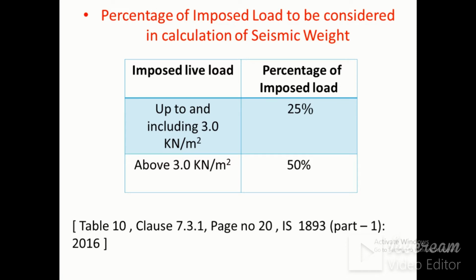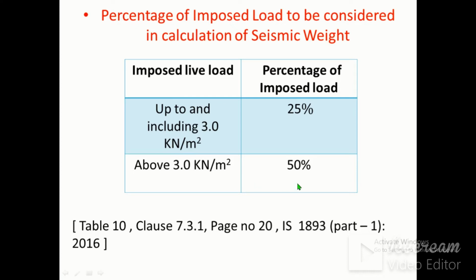Next is the percentage of imposed load to be considered in the calculation of the seismic weight for earthquake analysis. While doing analysis, we also consider earthquake forces. If the live load is up to 3 kilonewton per square meter, 25% of it is considered.